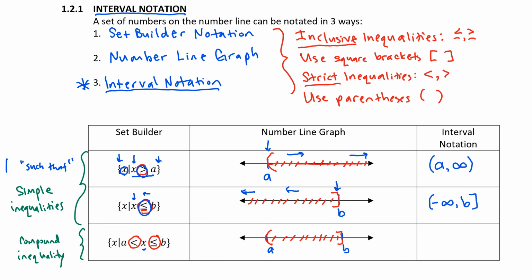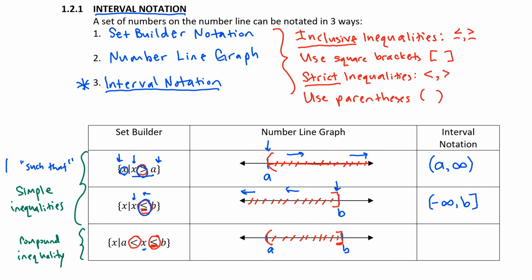Now, the way that I remember that, the horizontal bar here in the less than or equal to reminds me of the horizontal bar in the bracket over here. So the inclusive inequalities go with the square brackets. If it's missing that horizontal bar from the equal sign, we use a parenthesis. If that helps you, then I'm glad.